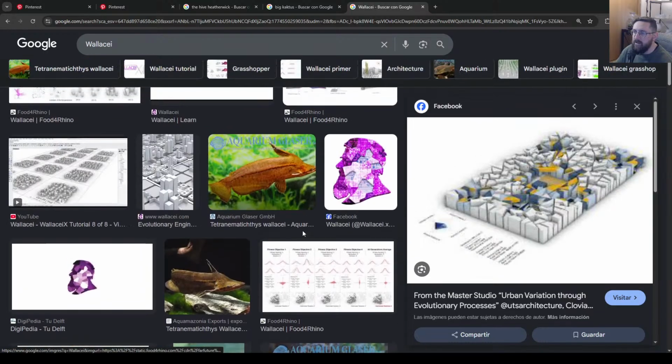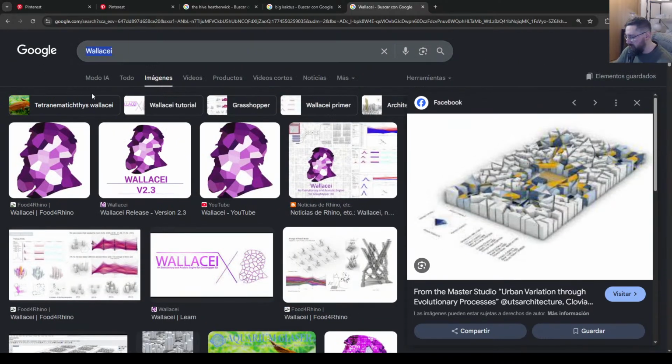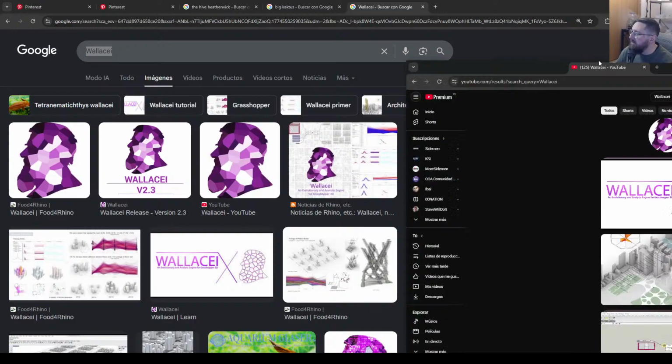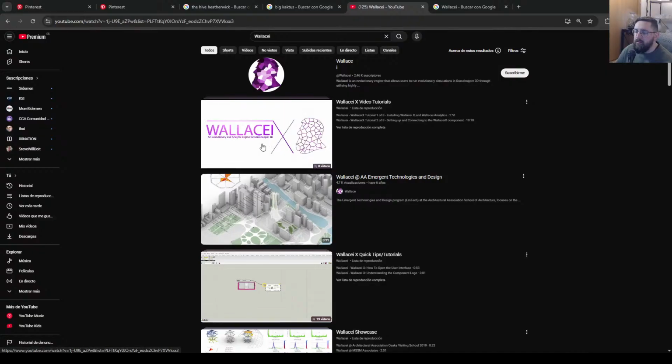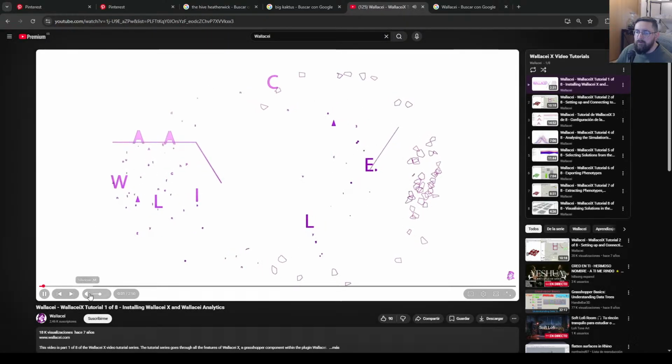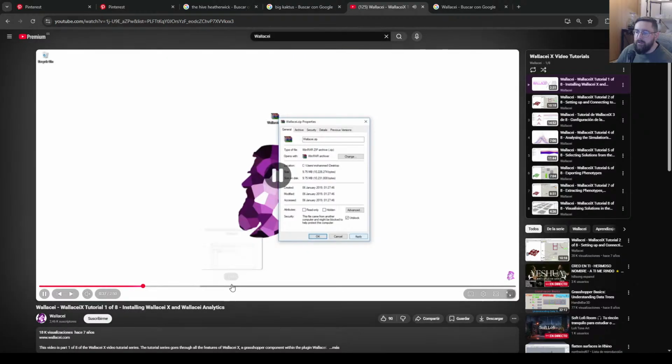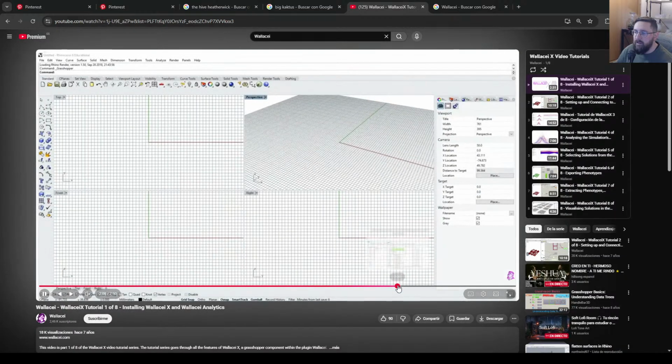So what does this actually do? What's the function of this plugin? Do you know? Let me see if I can quickly find a video on it. Okay, so plugin, installation notes.